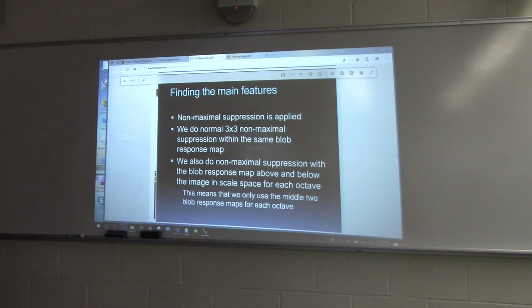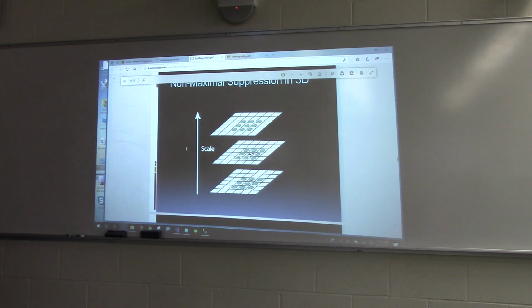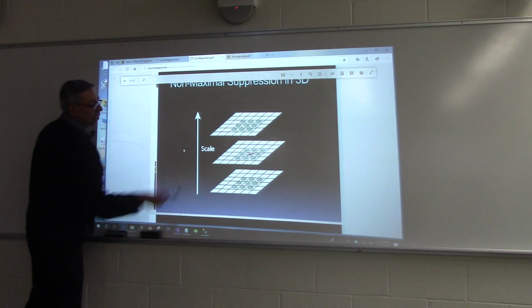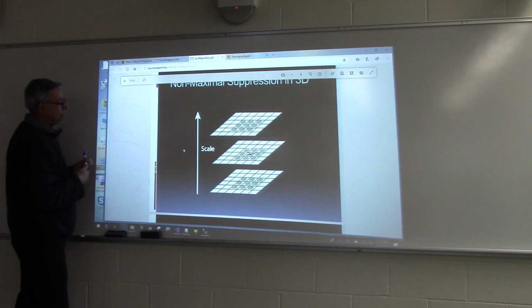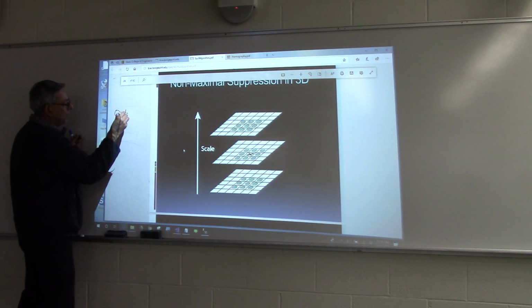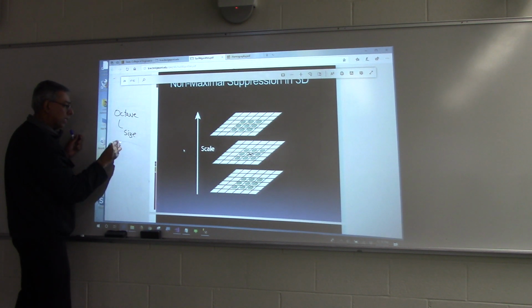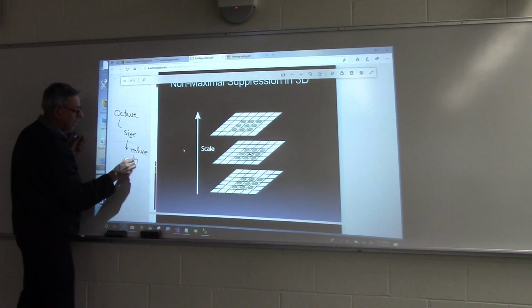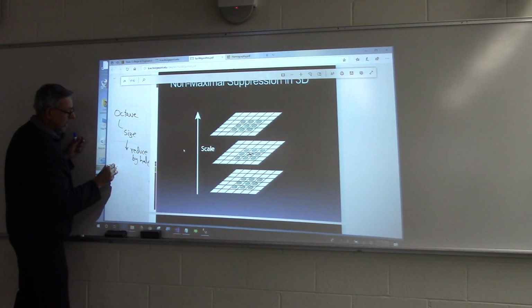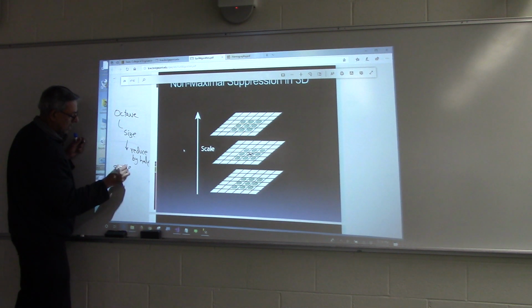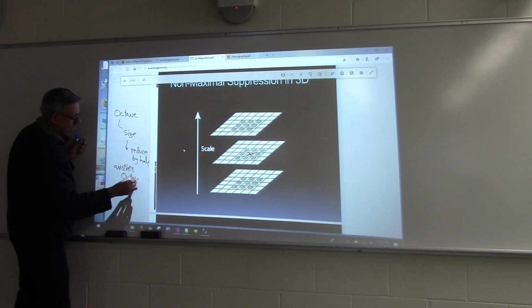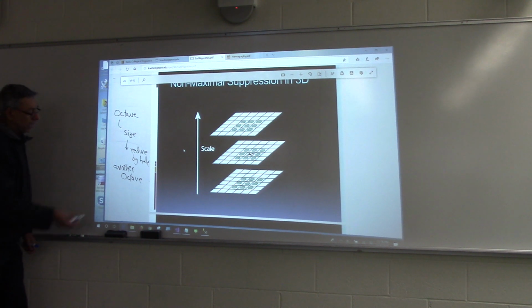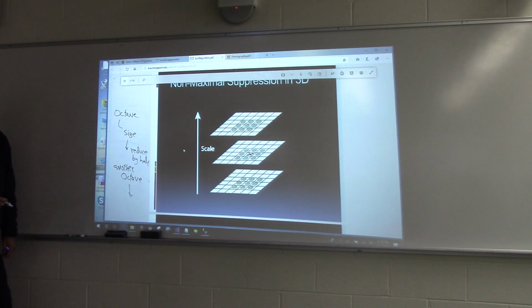So let's just take a look at this picture over here. Okay, so pretend this is one of the octaves, right? And again, octave basically means size. Like if I reduce it by half, that's another octave. If I reduce by half again, it will produce another octave.